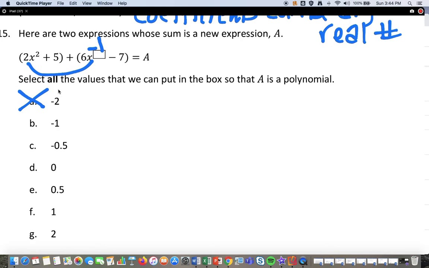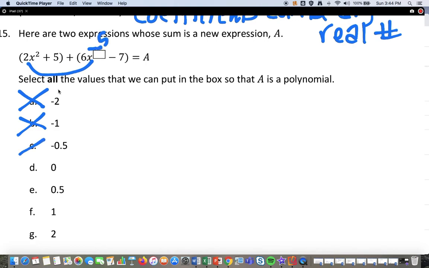So b is equal to negative 1 does not work. 0.5, we can't have fractional exponents. And when we add 2 and 0.5 here, we'd get 2.5 or 5 halves. So this would not work either.